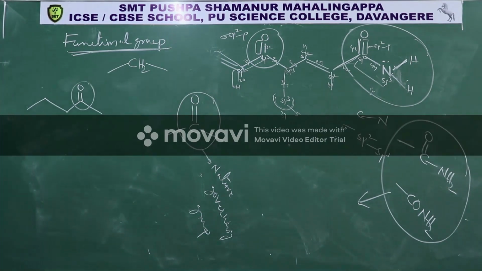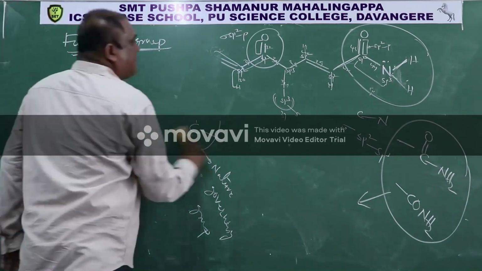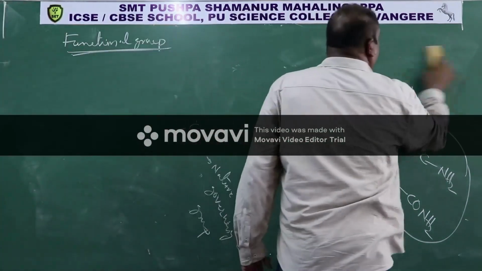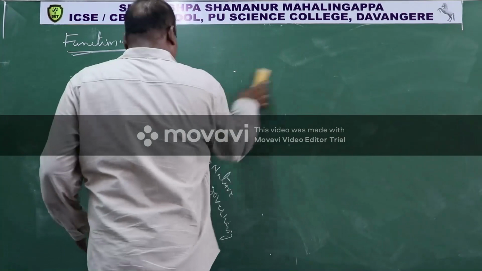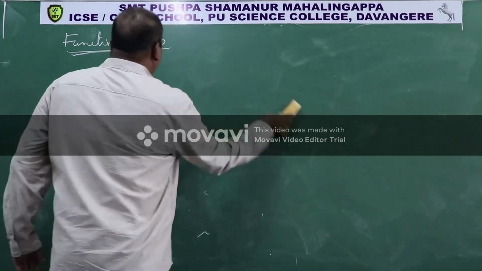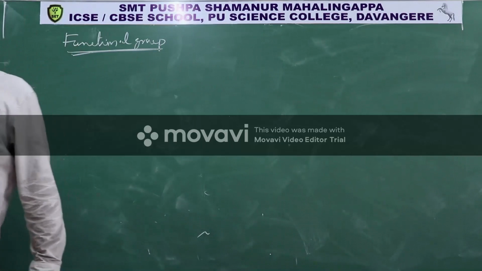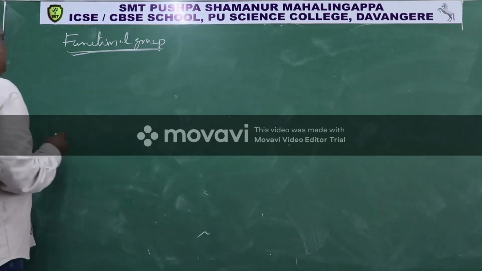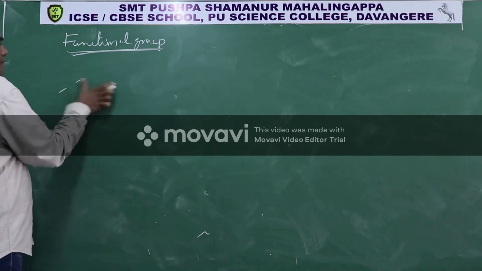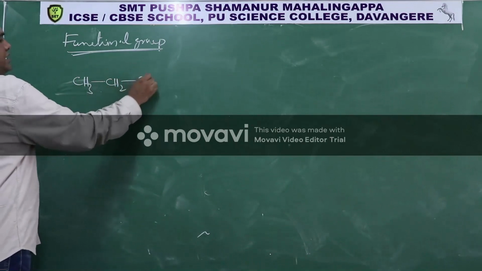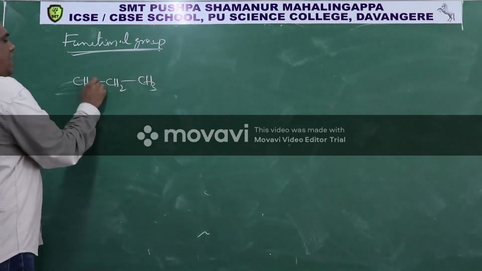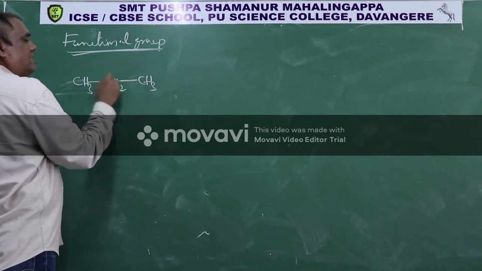So now I was telling what is a functional group. Now I have a compound like this, CH3, CH2, CH3. Here between the carbons all are single bonds.